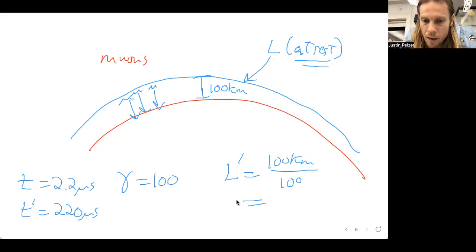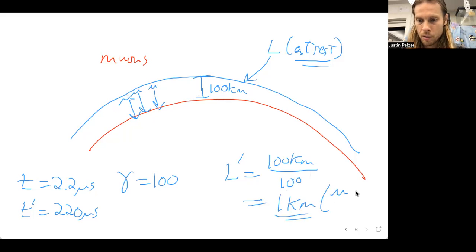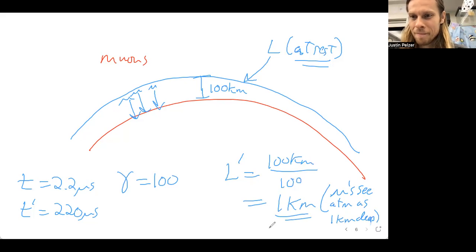And so I get that L prime is 1 kilometer, which means muons see the atmosphere as 1 kilometer deep. That's kind of crazy. So in their reference frame, they're only taking 2.2 microseconds.